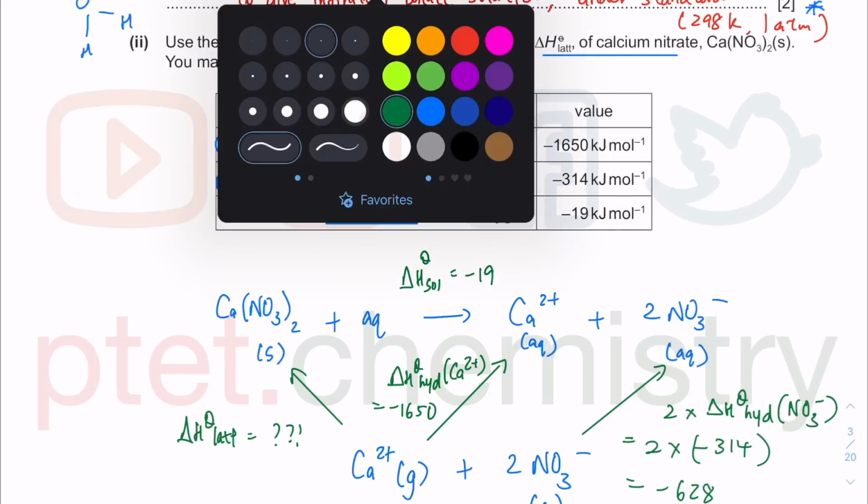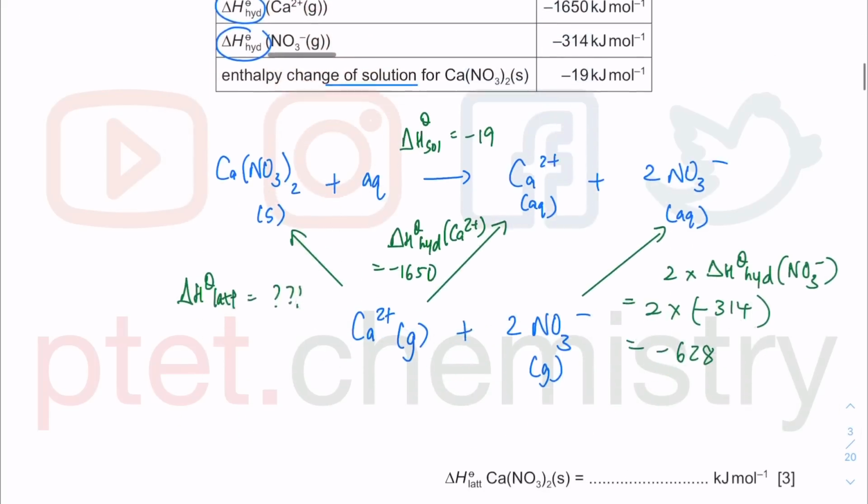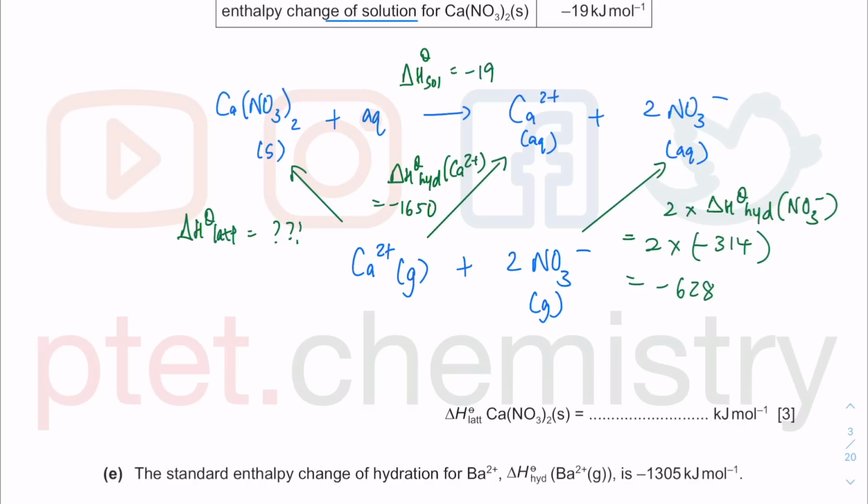In AS chemistry, you have learned about the use of Hess's law. Hess's law says that the enthalpy change of a reaction does not depend on the pathway you take. So you can take a direct path or an indirect path, and the enthalpy change will be the same. So what I'm going to do now is go this way. So this is the direct path. So what I can say is minus 19 will be equal to going the opposite way.